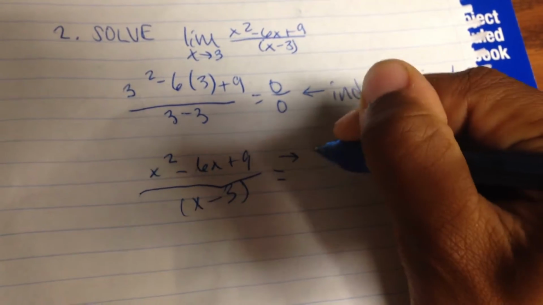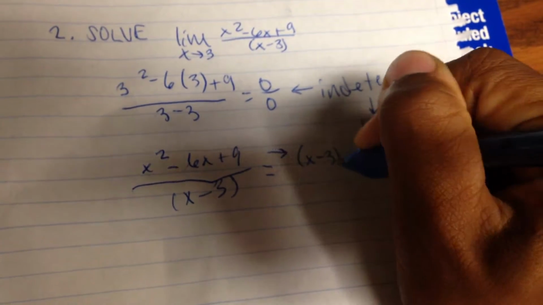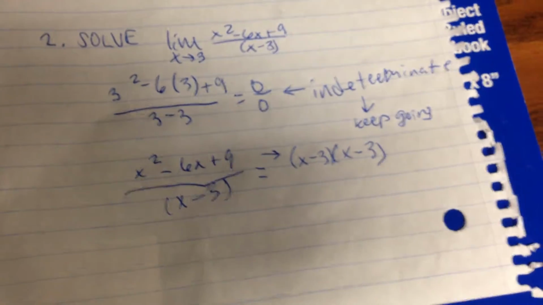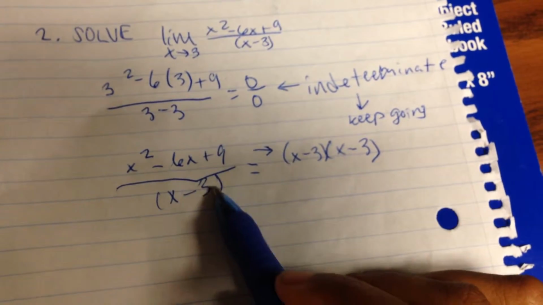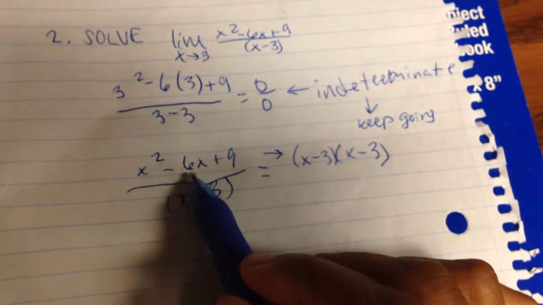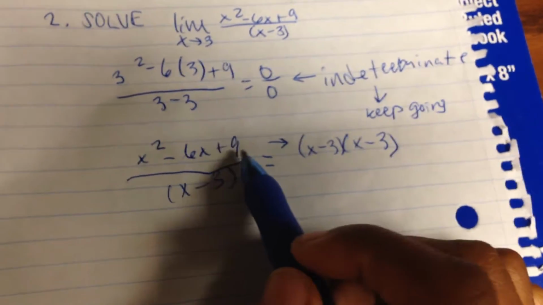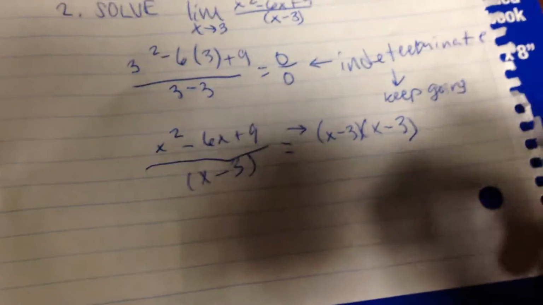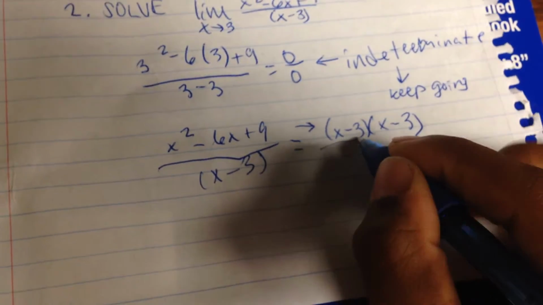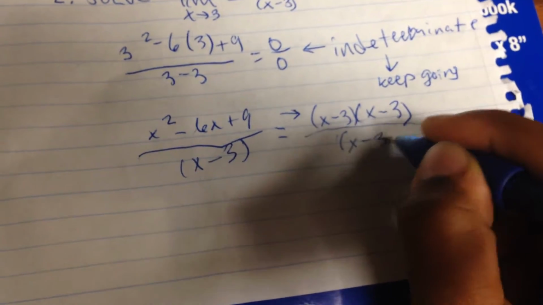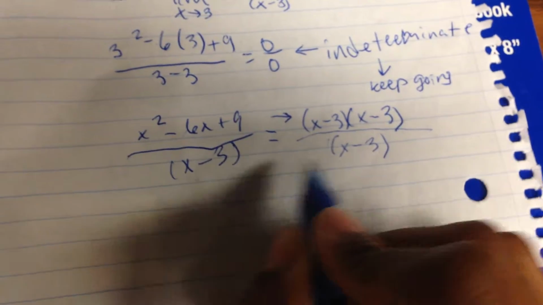The top part factors out to x minus 3 times x minus 3, because by normal factoring rules, negative 3 and negative 3 give you negative 6, and negative 3 times negative 3 gives you 9. So regular factoring rules, basic freshman year. And then you bring over the x minus 3 because that doesn't factor any further.